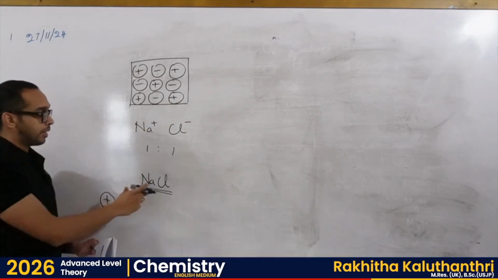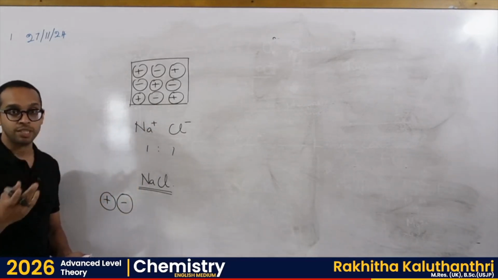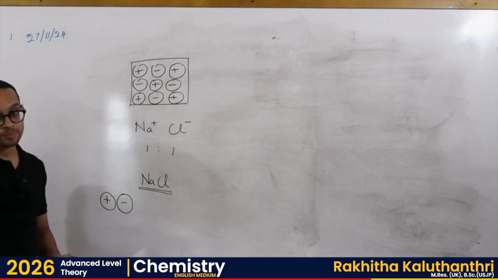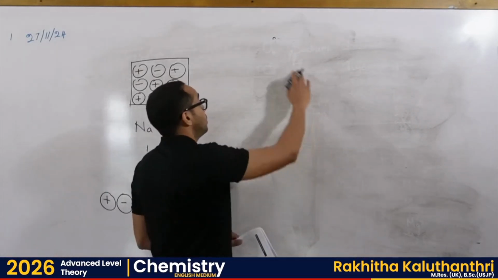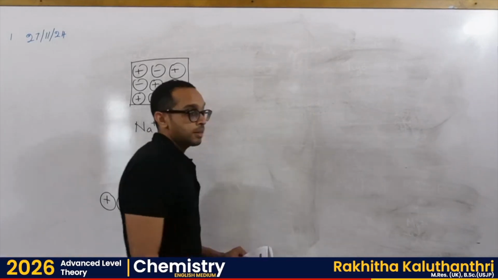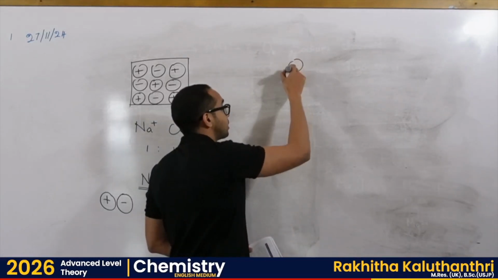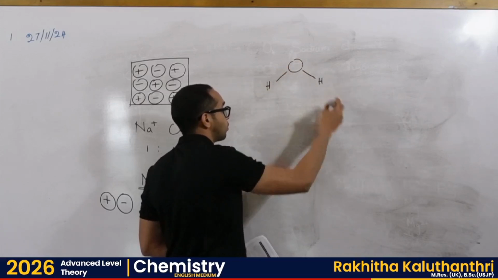What you write as a formula here is basically the ratio between the positive charged ions and the negative charged ions. You can't identify a single discrete unit. However, when it comes to molecular substances, we can identify single discrete units. For example, if you take water, we know this is just a single water molecule.